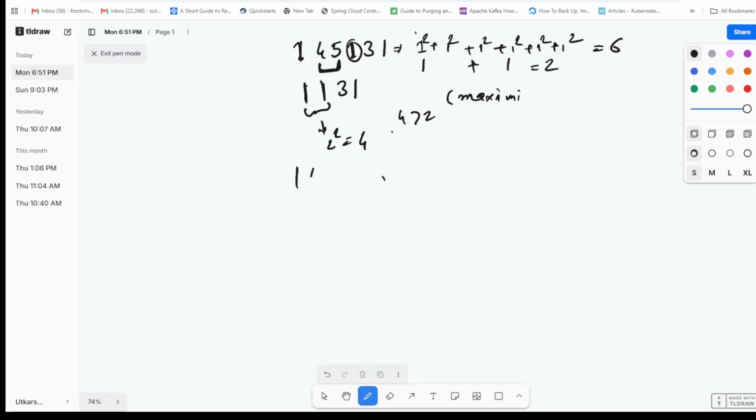So if we see again 1, 4, 5, 1, 3, 1, what we can do is find where this 1 is matching here, and in between we can remove the boxes and find the score of this. The cost of removing 4 and 5 will be 2, because 1 squared plus 1 squared. Then we'll get something like 1, 1, 3, 1.